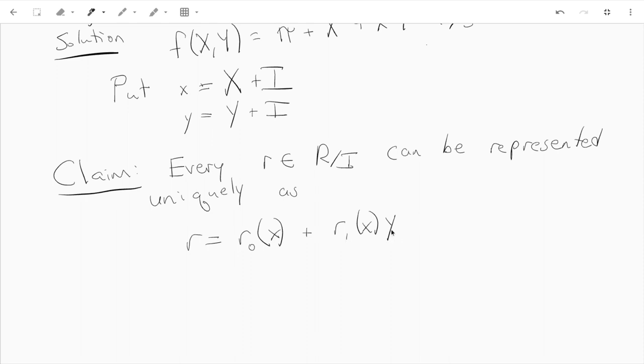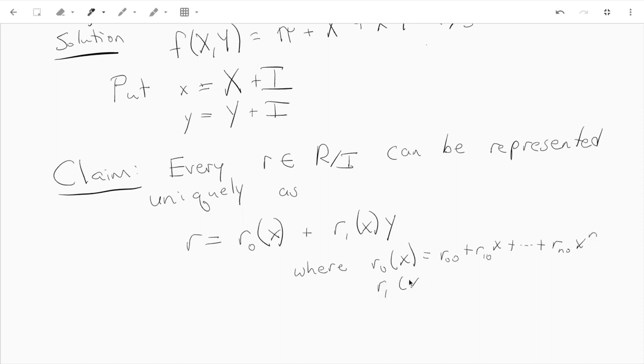So r0 of x might be like r00 plus r10 x plus and so on up to rn0 x to the n, and things like that.